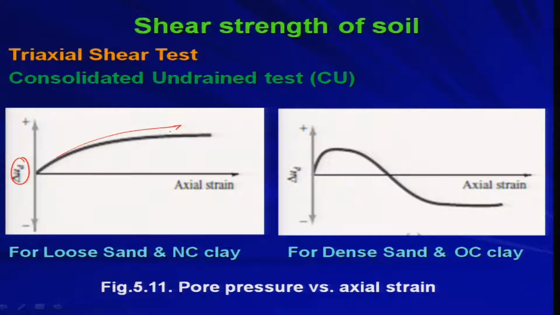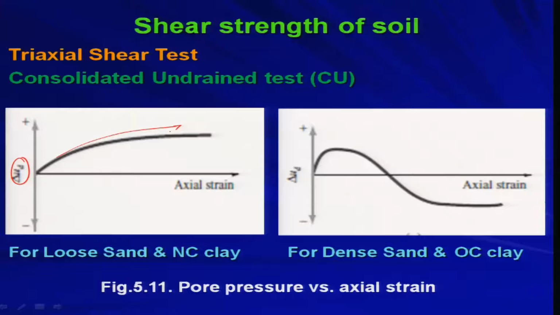And once it reaches failure and the stress-strain curve, delta sigma d versus axial strain, becomes constant, your pore pressure will also become constant, because there will be no increase in the deviatoric stress. So, that will not cause any enhancement in the pore pressure.